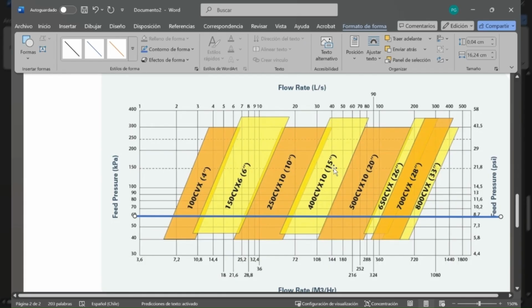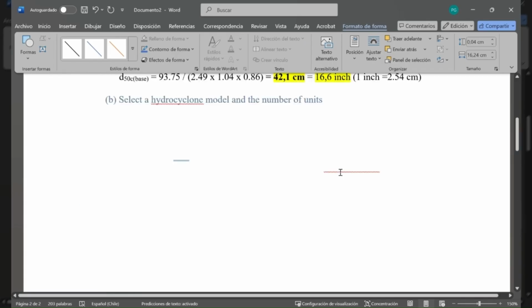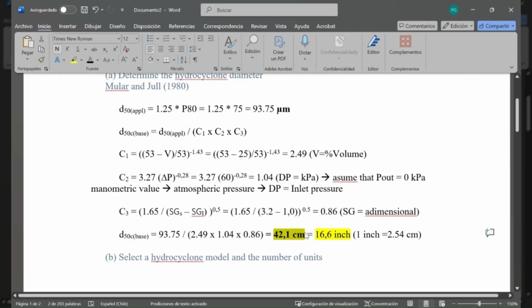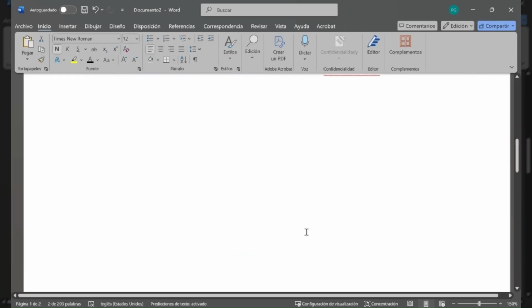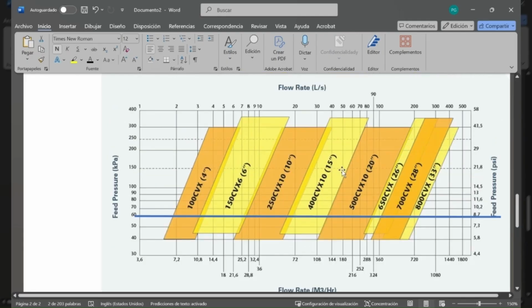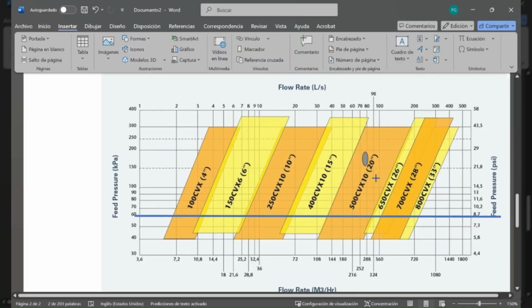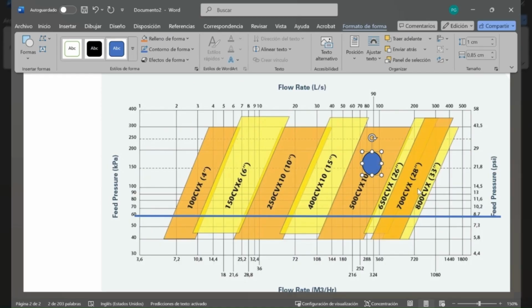Now we have two diameters here that approximate our hydrocyclone diameter, which are these two over here, 15 and 20. So it's better to oversize in this case, so we're going to select this one over here.